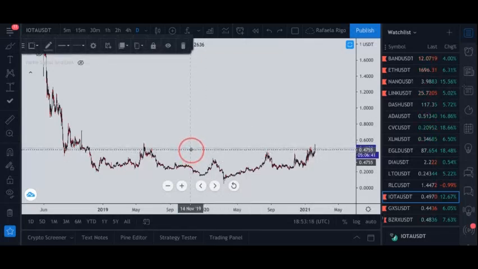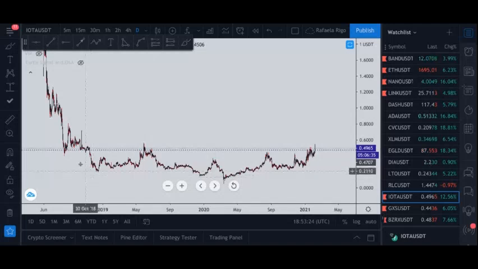So this is where I would leave my line right there because it touches here, here, here, here, here, almost touch this one, there and there. So you can see that this price just there was a breakout here, okay?